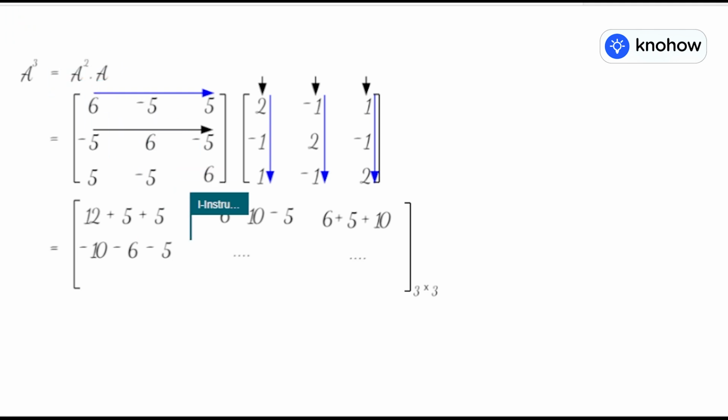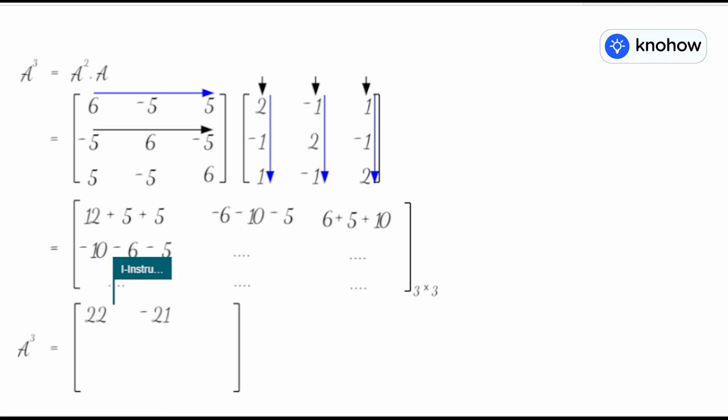And similarly with the third row, I leave for you to try this. And finally, after working out, you get A cube equal to the matrix 22 minus 21 21, minus 21 22 minus 21, and the elements of the third row are 21, minus 21, 22.